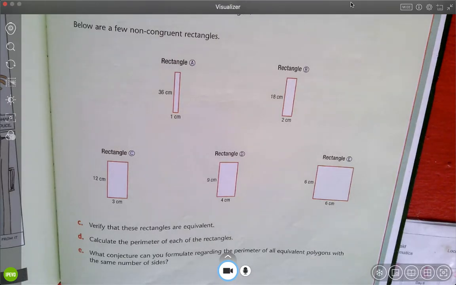So which one's the lowest? Which is what kind of shape? It's gonna help you, I promise. Okay, so we're gonna go through this, and you'll give me the answers, and we'll fill it in together.